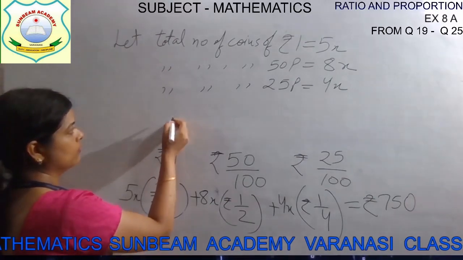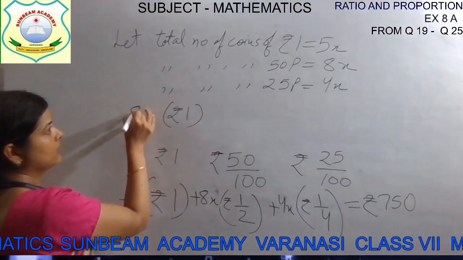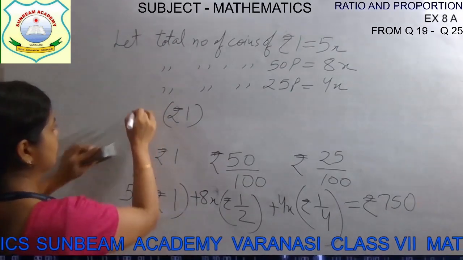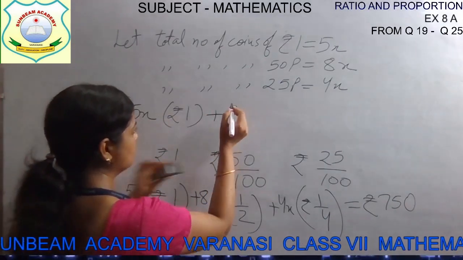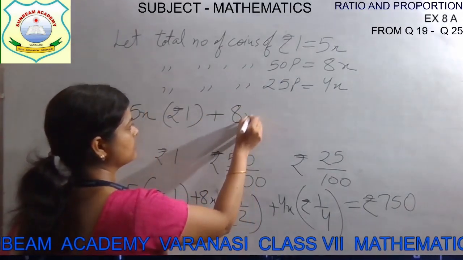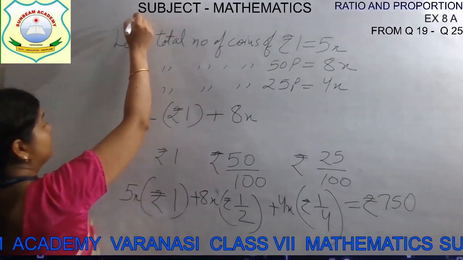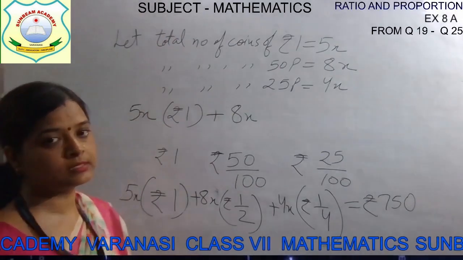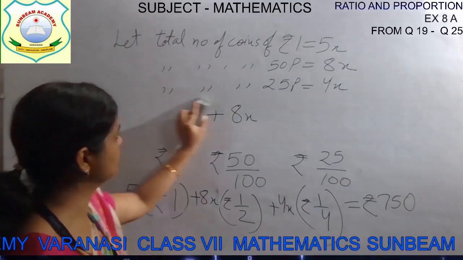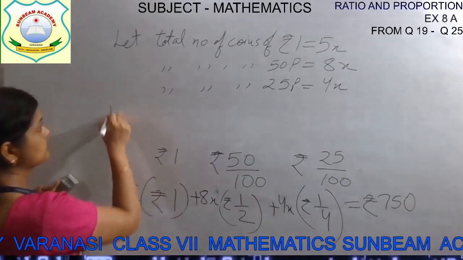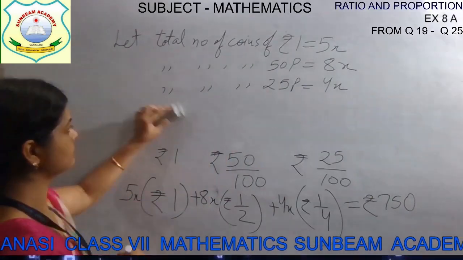What will we do? We will multiply the denomination with its quantity. 5x, then add it with the other one, that is 8x, children. Before this you have to write down: let the total number of coins of 1 rupees, 50 paisa and 25 paisa be this much. Write this down also.